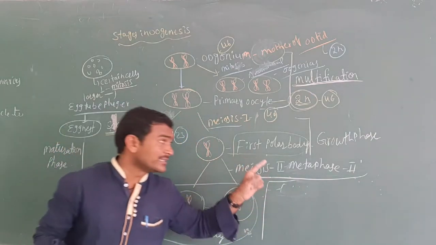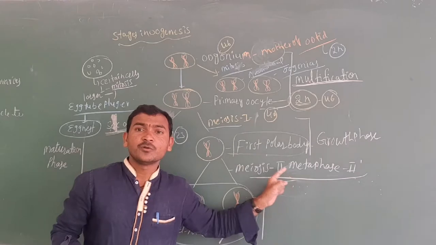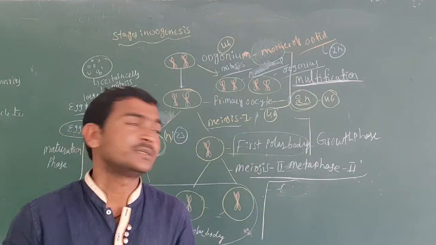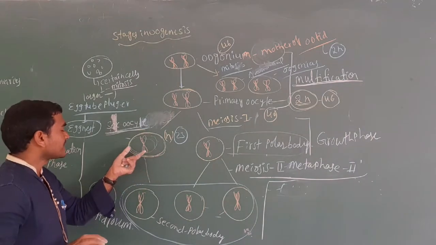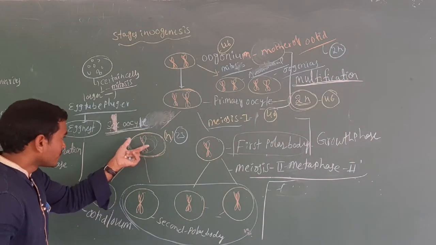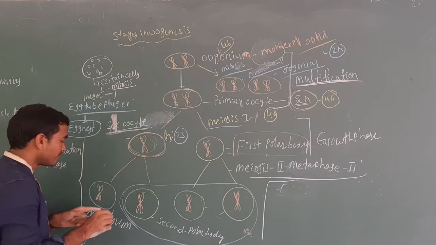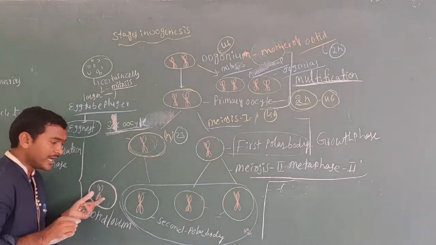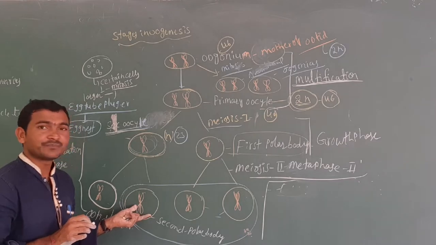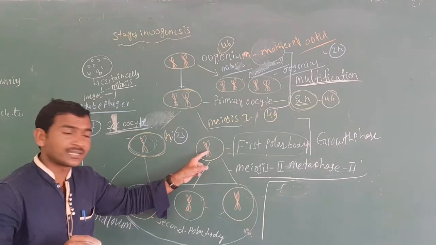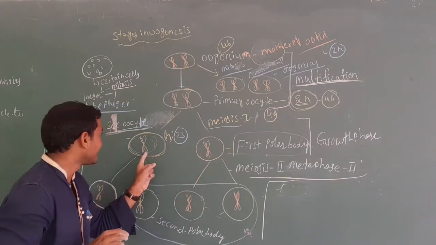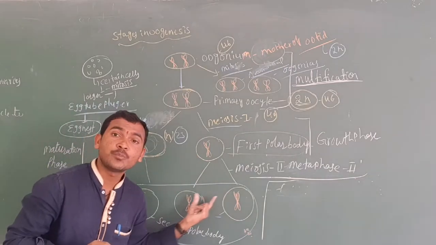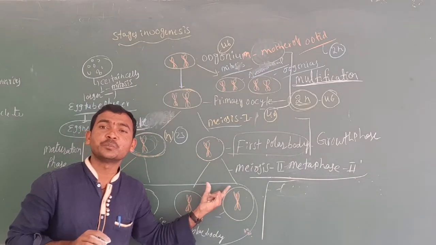When it meets the sperm, it completes the division. The secondary oocyte undergoes meiosis 2, forming one ootid and, by unequal division, one polar body. The first polar body divides in the same way, forming two polar bodies.